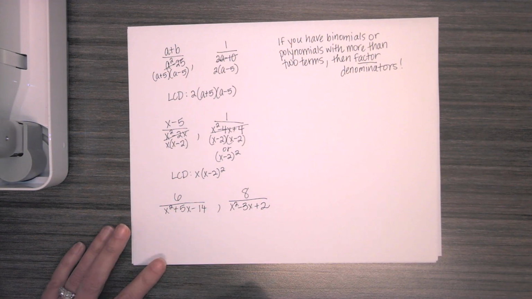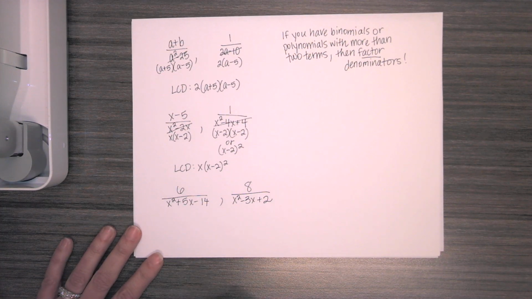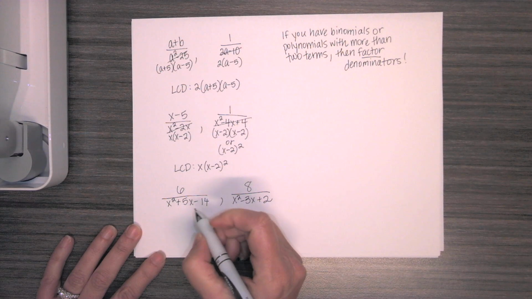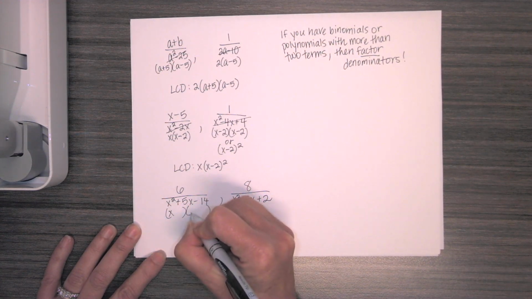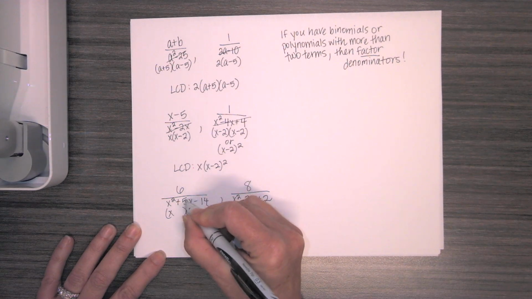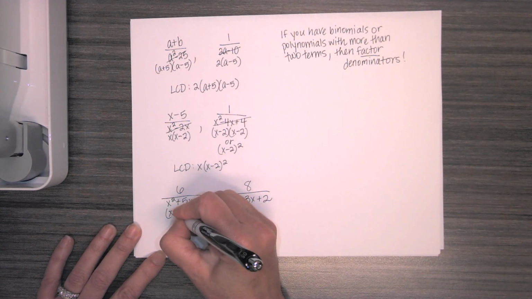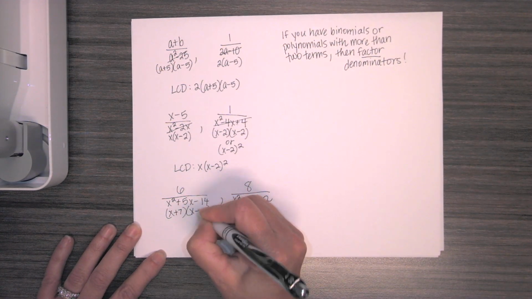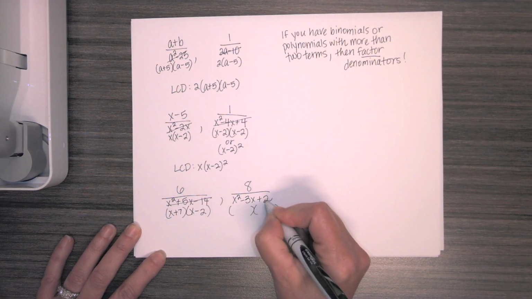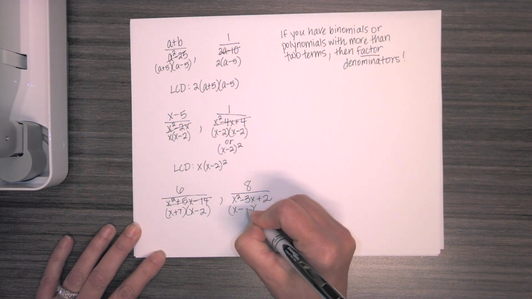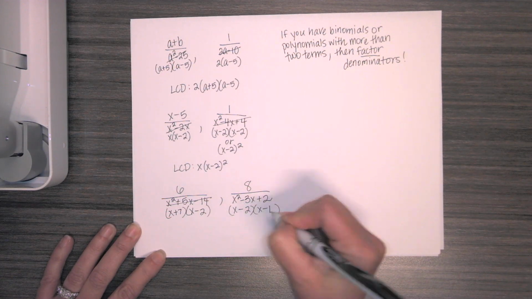We want to see if they can factor before we look for a common denominator. Here we have a trinomial with a leading coefficient of 1. What multiplies to get negative 14 and adds to get positive 5, that would be positive 7 and negative 2. Here, what multiplies to get positive 2 and adds to get negative 3, that would be negative 2 and negative 1.